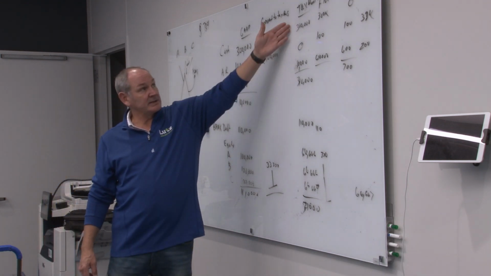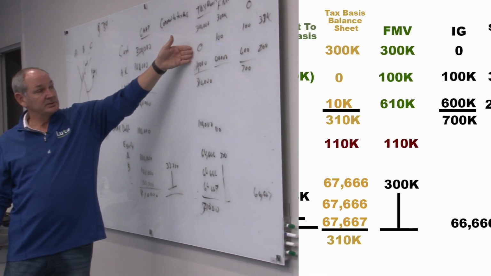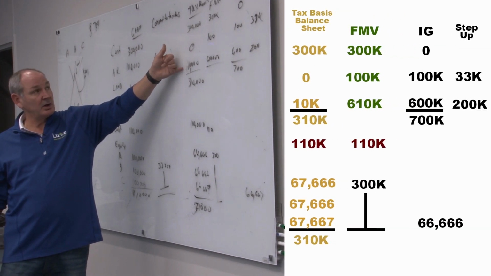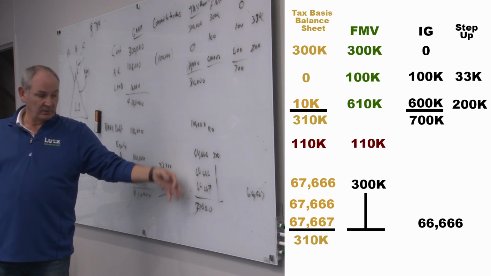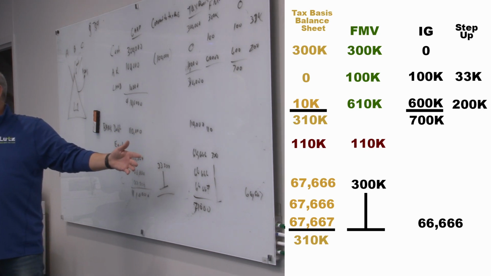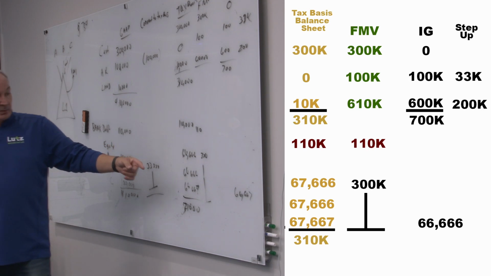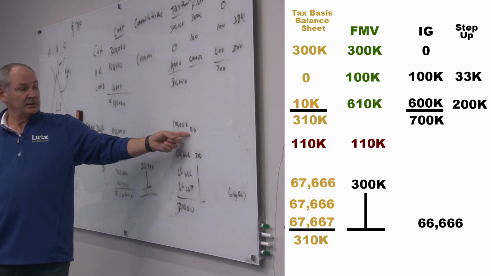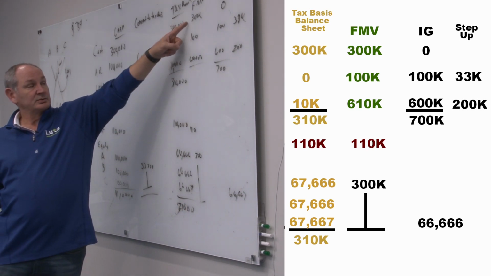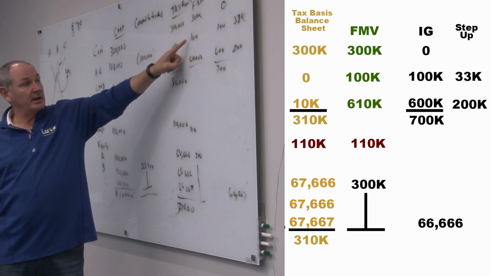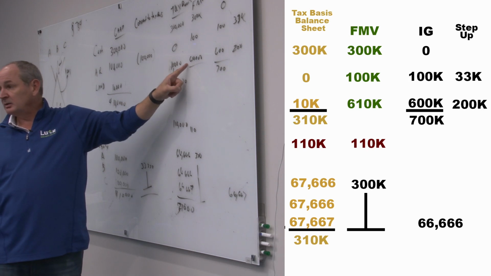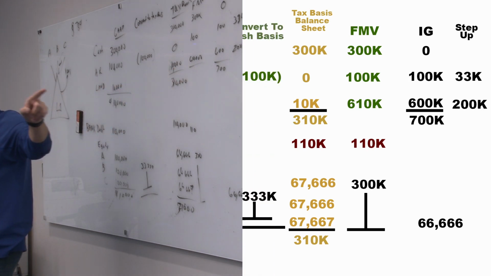We have a tax basis balance sheet: 300 in cash, 0 in AR because we're cash basis, 100 in land, 110 of debt. We have 300 of value in cash, 100 of value in AR, 610 of value in land.